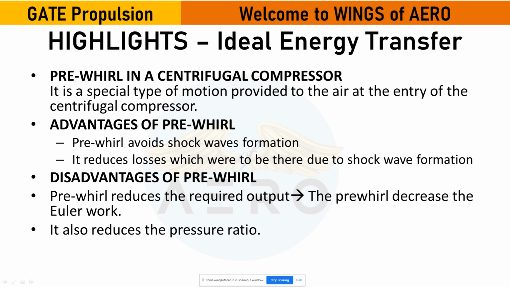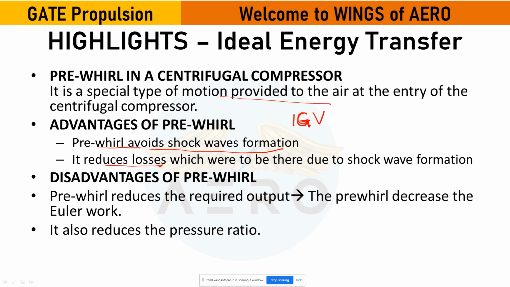It avoids shock wave formation. We use an inlet guide vane so that it helps create a smooth entry into the centrifugal compressor. If shock wave formation is reduced, the losses will also be reduced.